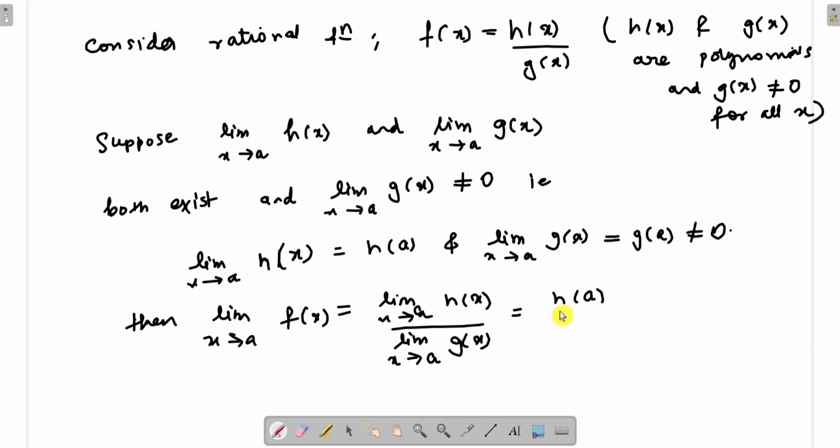Limit of hx is ha, divided by limit of gx is ga, and because ga is not equal to 0, this limit exists.